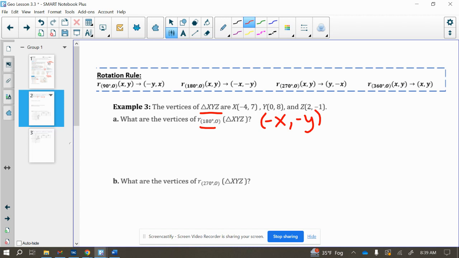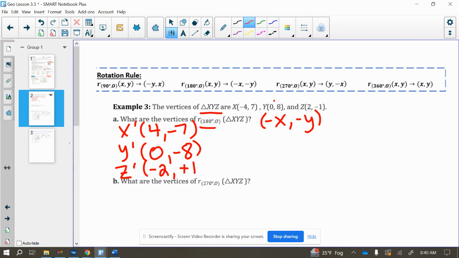X was -4, 7, so now it's going to be 4, -7. Y was 0, 8, so it's now going to be 0, -8. Reminder to flip 0. It's still 0 whether it's positive or negative. And then Z prime, we're taking our original point 2, -1. It's now -2, 1.